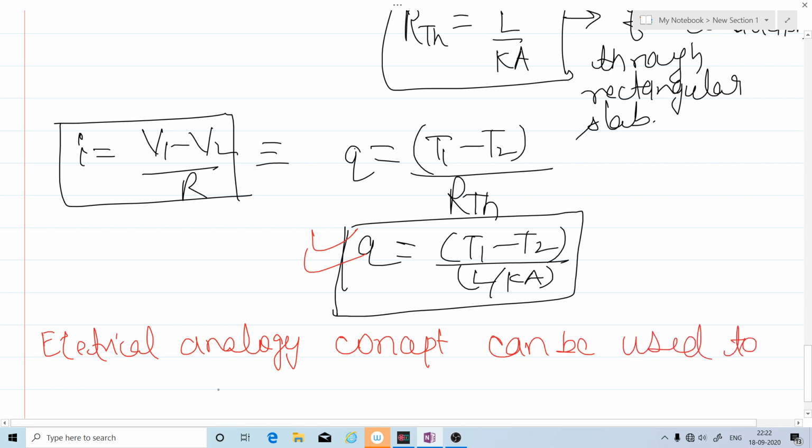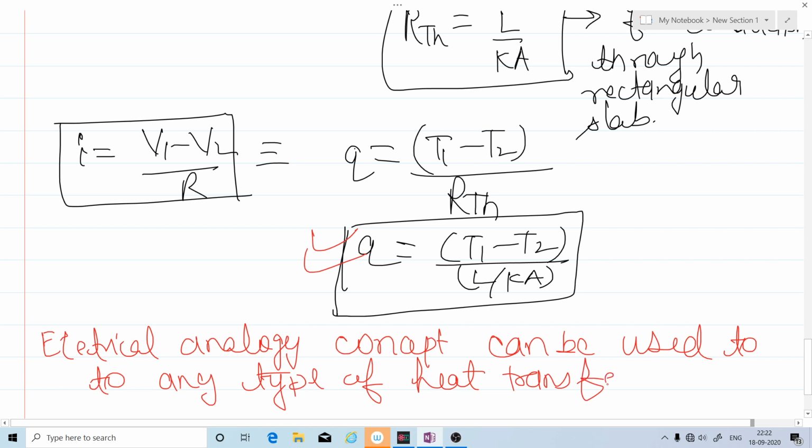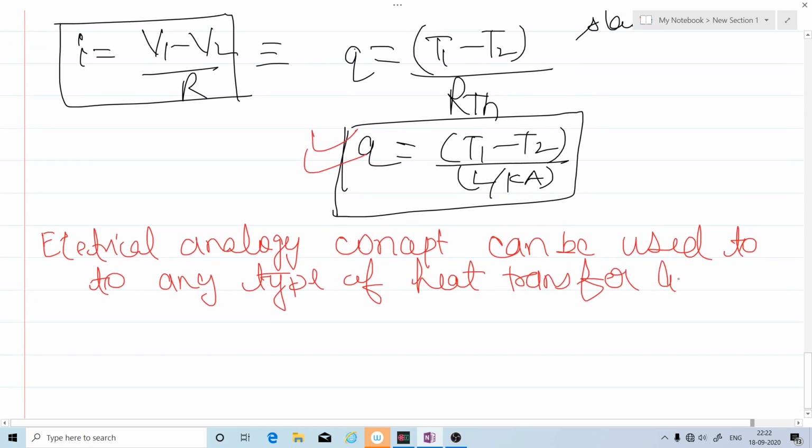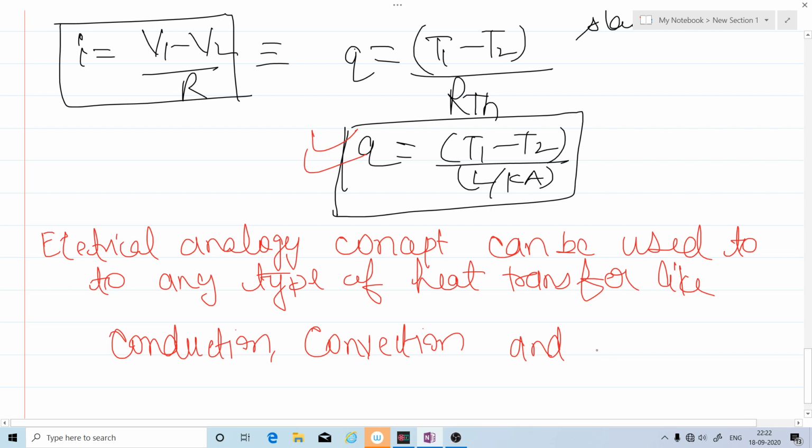The electrical analogy concept can be used for any type of heat transfer, like conduction, convection and radiation.